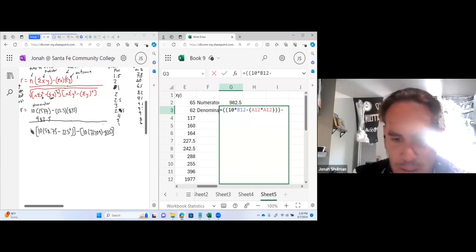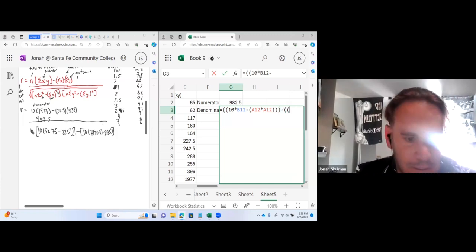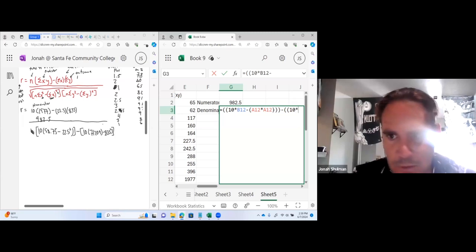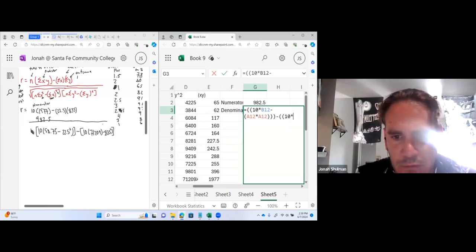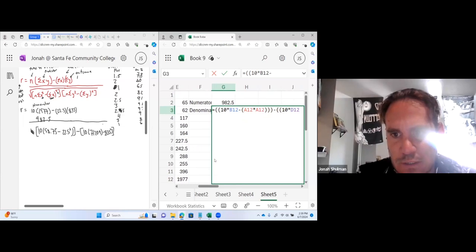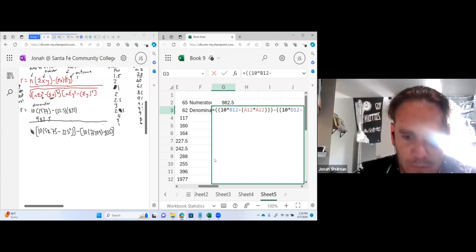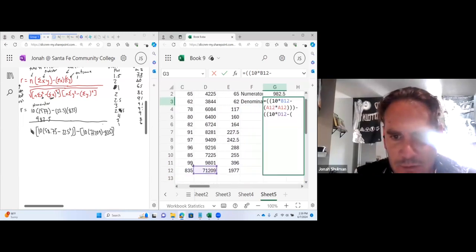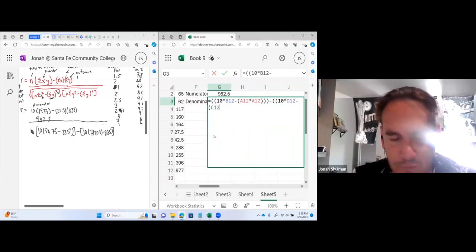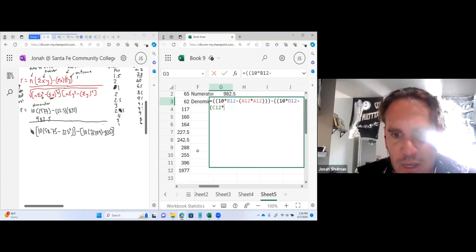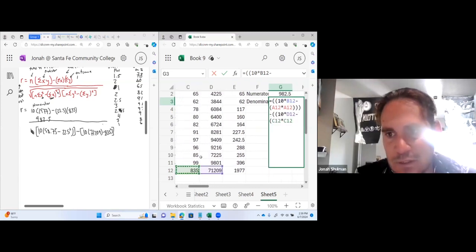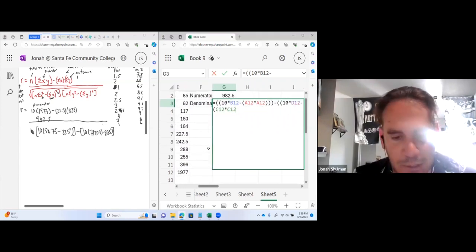Now I subtract, double bracket. I need 10 times the first thing, the 71209, which in our case is D12. Minus, I'm gonna put another parentheses here, and now I need the 835 times 835. I have an extra set of parentheses here, but I just like to be clear about everything I do.